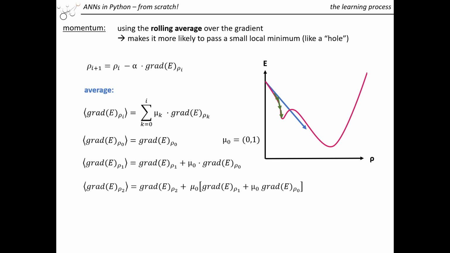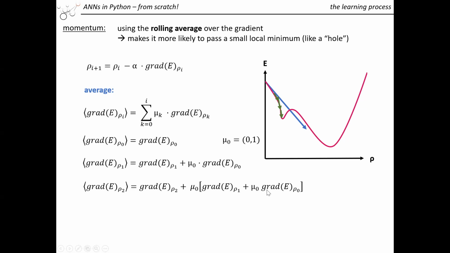Then in the next step, so we have 3 iterations. Then iteration 0 is even longer ago. So we multiply this again with mu 0. So the factor is even smaller because mu 0 is between 0 and 1. And the gradient from the previous iteration is also multiplied with mu 0, but only once because it's just 1 iteration ago.